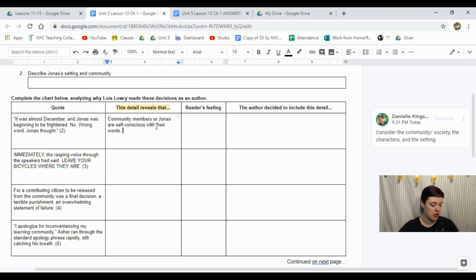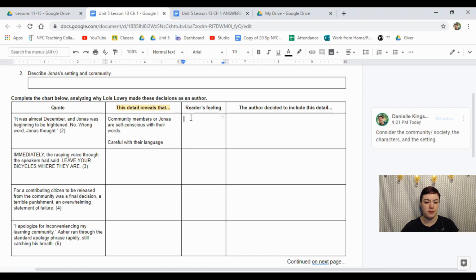You could also frame it as they're careful with their language, because later on in the chapter, you guys have already read this chapter at this point, you know that they say something about specificity of language, please.